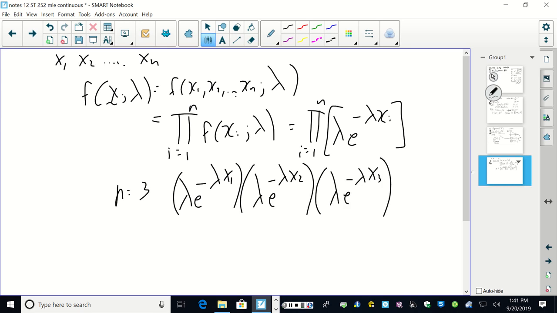And we want to simplify that. We get lambda cubed, and then because it's e to that power, all those exponents get added together. So there's an e to the negative lambda, and then up here would be x1 plus x2 plus x3.